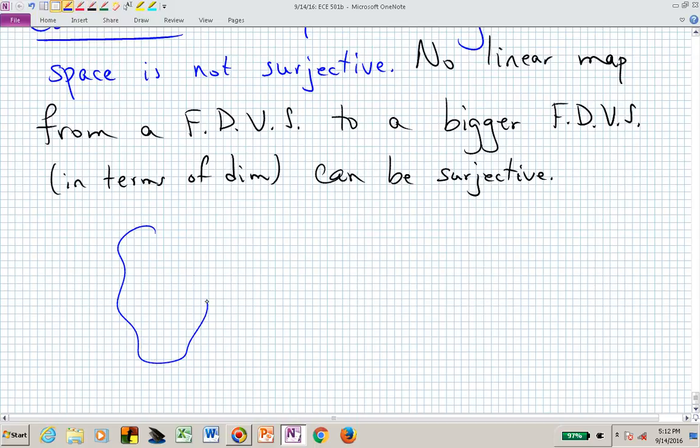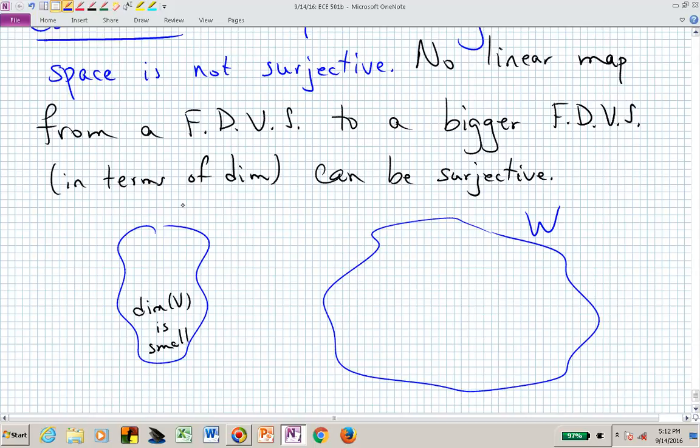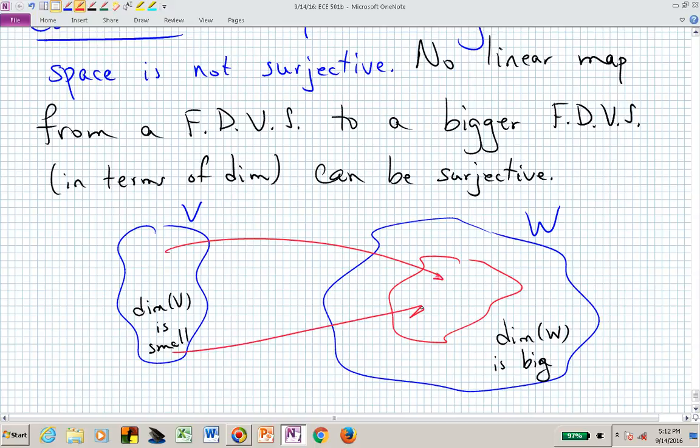Picture then, there is our tiny V. The dimension of our input vector space is small, and we're now mapping that into our W, our output vector space, and here the dimension of W is big. What you can think of is now we are only able to get into a subspace of our output vector space.